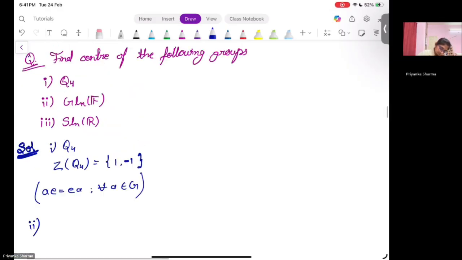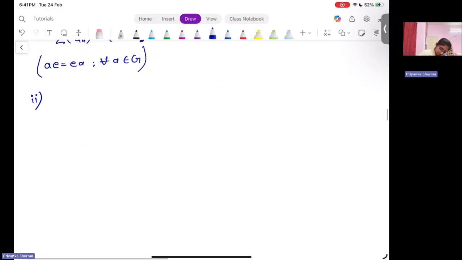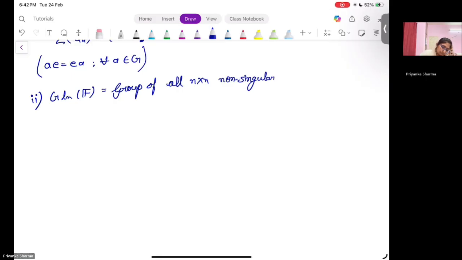Secondly, GLN F, where F is some field. So what is GLN F? This is the group of all n by n non-singular, that is determinant other than 0, matrices over F, which is some field.